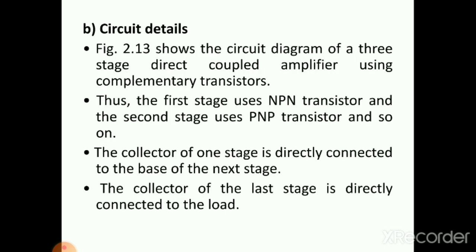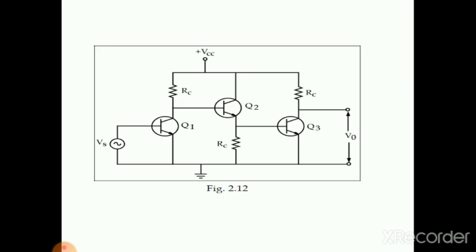And we are using complementary transistors. Here in the circuit diagram there seems to be some mistake, because Q1 is NPN, and I'm sorry, there is no mistake, because in Q2 the RC is connected at the collector terminal, which is a PNP transistor. If you reverse that Q2 transistor upside down, you will realize it. First one is NPN, second one is PNP and third one is again NPN.